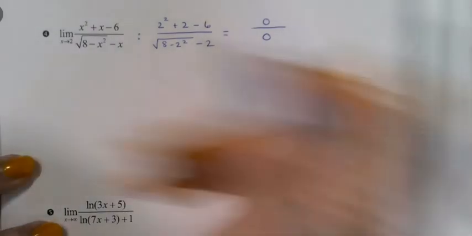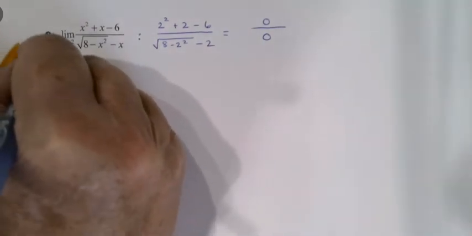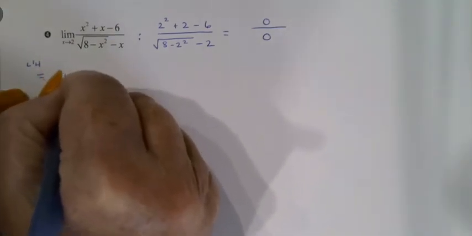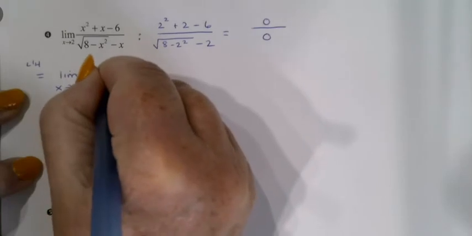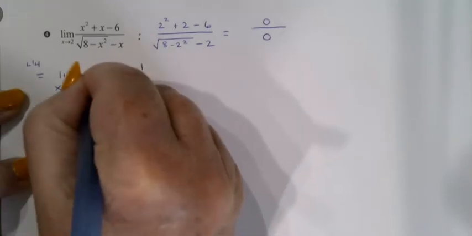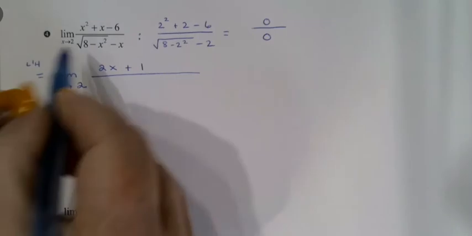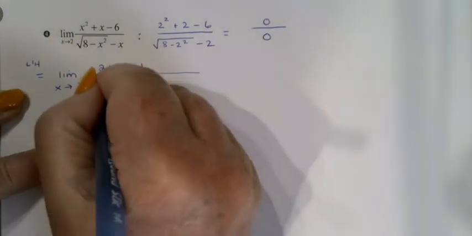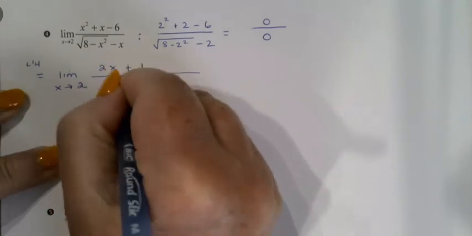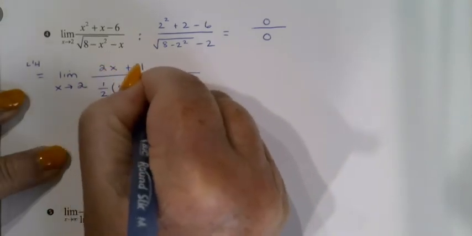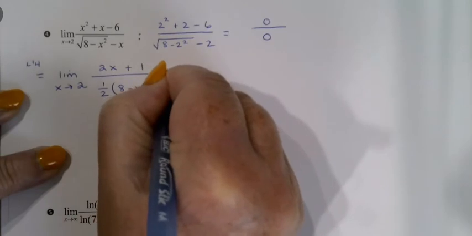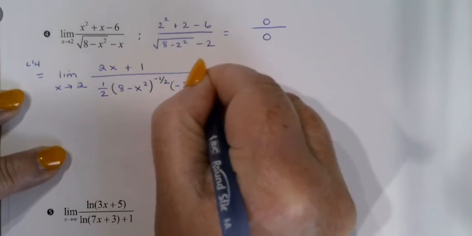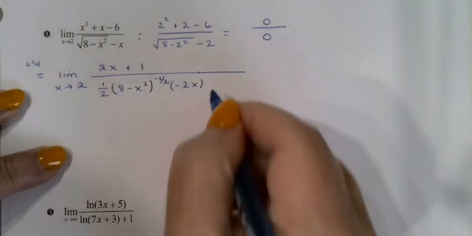All right, so I'm going to go ahead and say, yep, it applies. Let's do L'Hopital's rule. The top becomes 2x plus 1. And on the bottom, let's see, that square root is really a 1/2 power. So I'll have 1/2 times 8 minus x squared to the negative 1/2 times the negative 2x for the chain rule, and then minus 1.